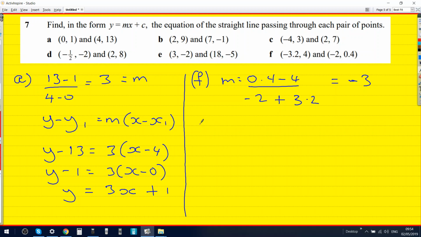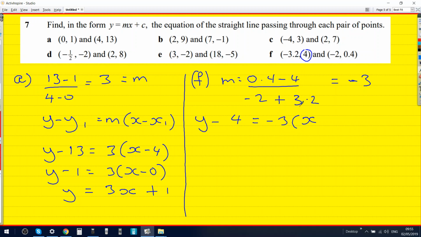So we've got y minus 4 equals -3 bracket x plus 2. If you chose 4, then you have to choose the matching x.